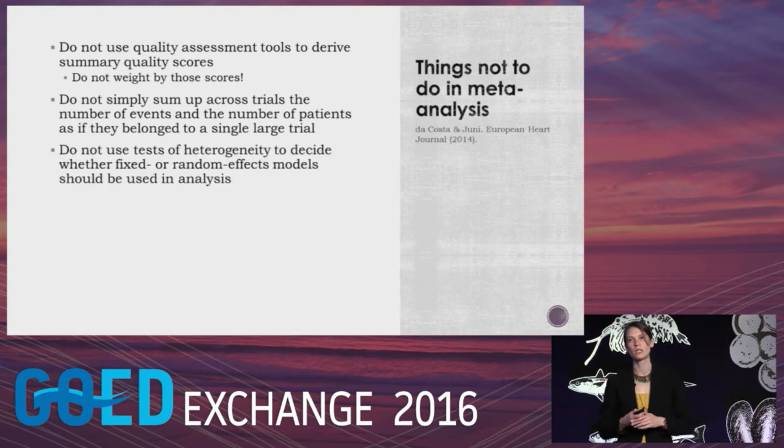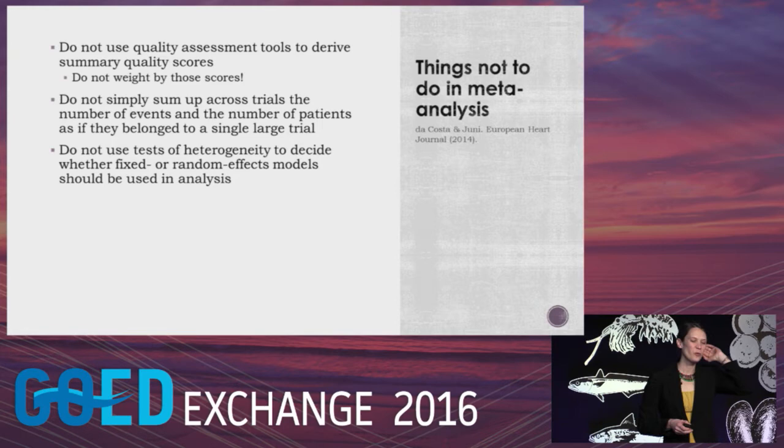You don't want folks using the tests of heterogeneity, so figuring out how different the trials are, to decide whether they're doing a fixed effect or a random effect model. Okay, what's the difference between these two things? The fixed effect assumes that there's one common effect across all subpopulations, across all clinical settings, one common effect, and the trials are just imperfectly measuring that one effect.